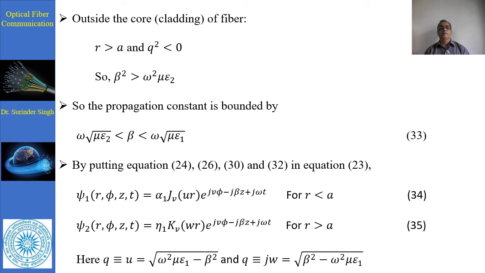So if we write in terms of the propagation constant, it is bound by omega under root mu epsilon 2 being less than beta, and beta being less than omega under root of mu epsilon 1, the boundary which we have represented.